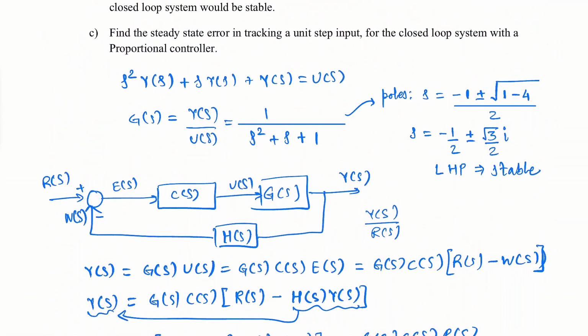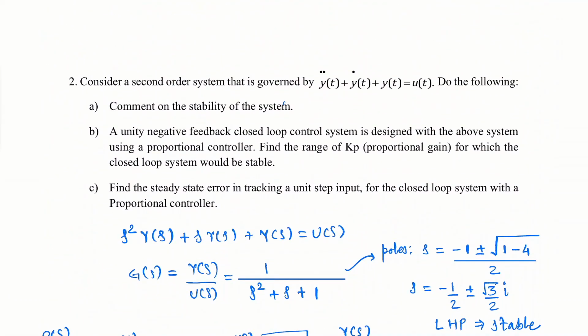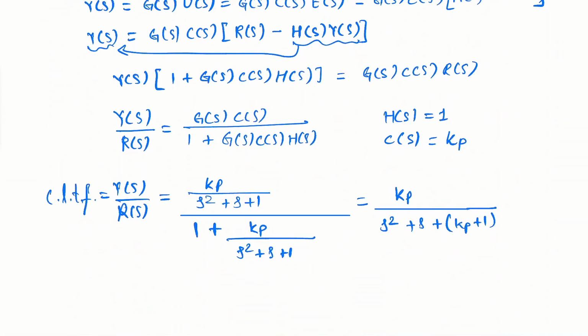Now what has been asked? Find the range of Kp, that is the proportional gain, for which the closed loop system would be stable.